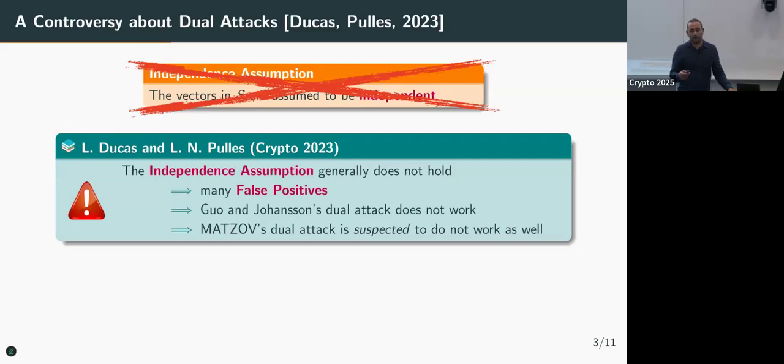Because of that, many false positives can appear, and it's the case in Guo and Johansson's dual attack, which makes it not work. The authors show that it's probably the same situation for Matzov, which is a more advanced dual attack.